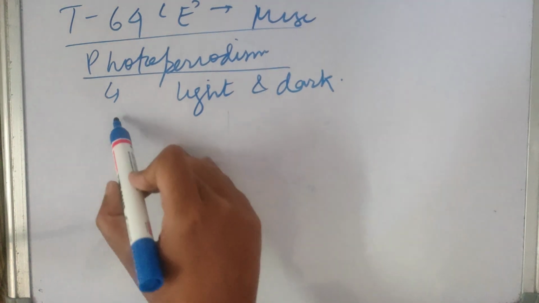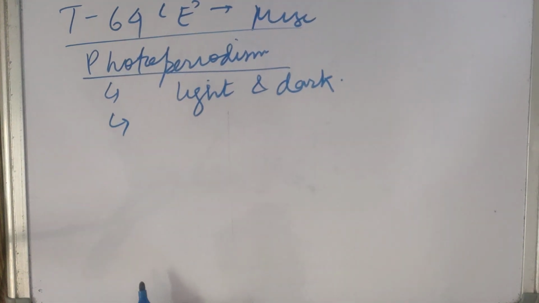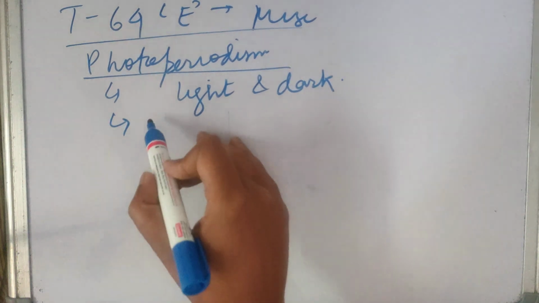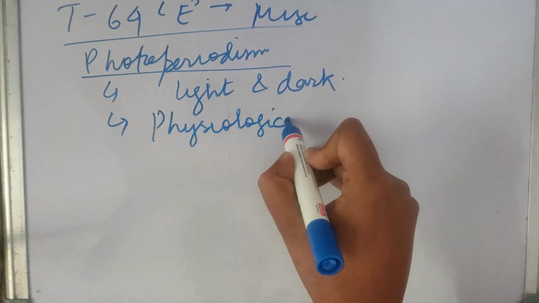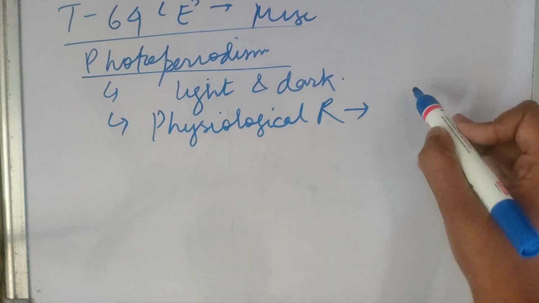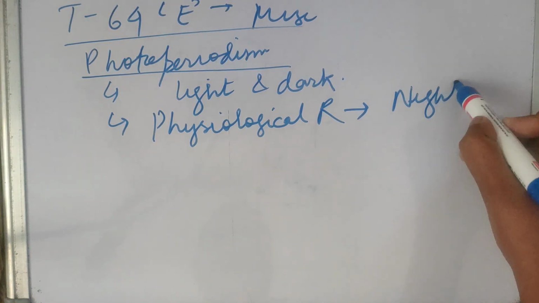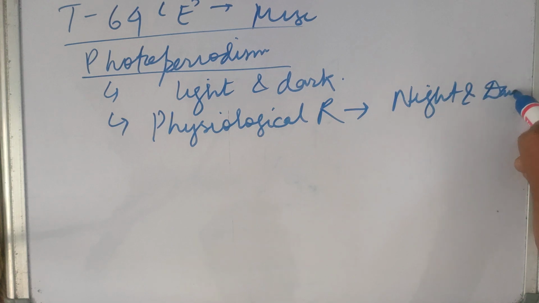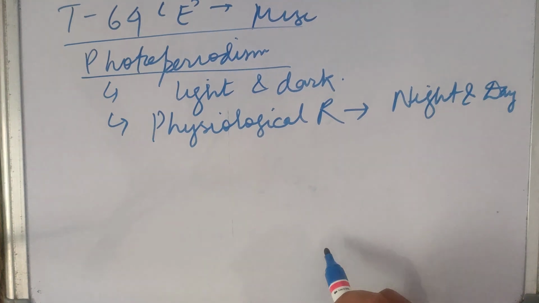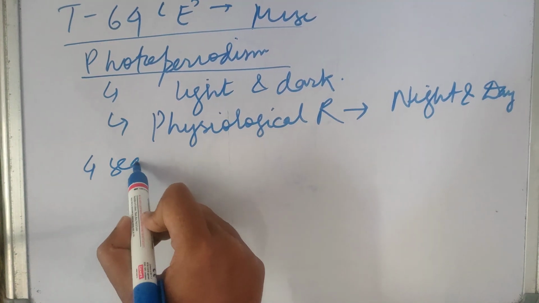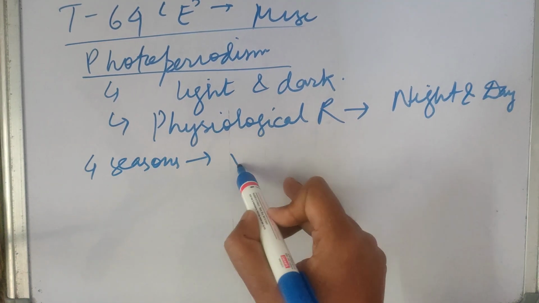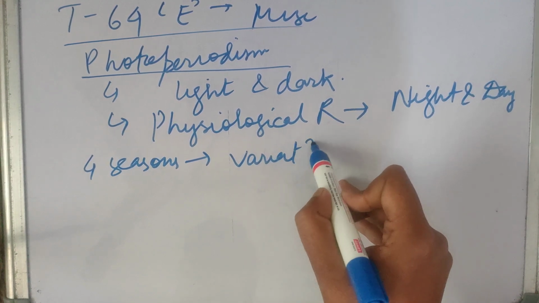It is a physiological reaction of plants to the length of day and night time. Plants sense the season by sensing the variations of photoperiod.